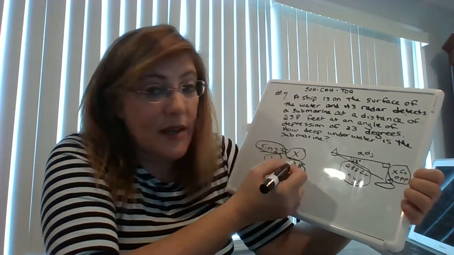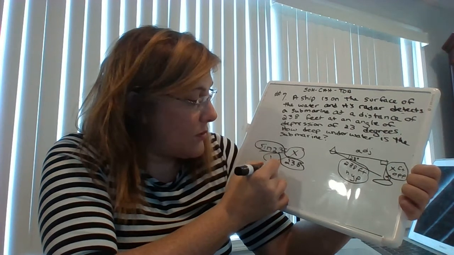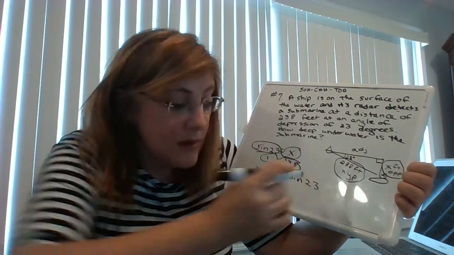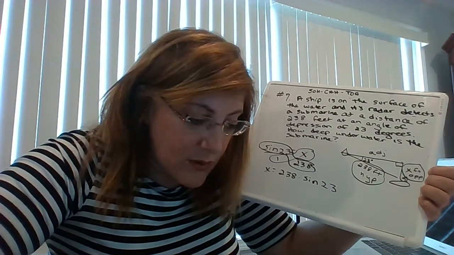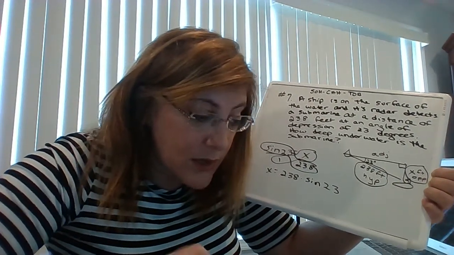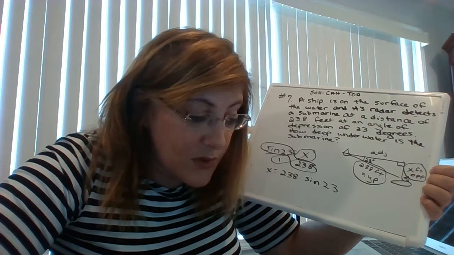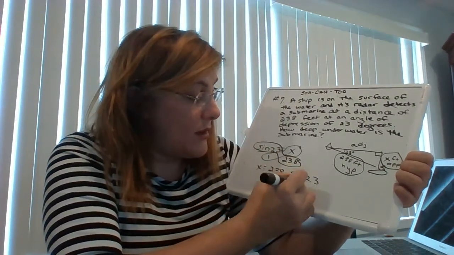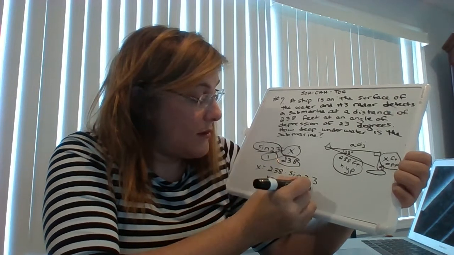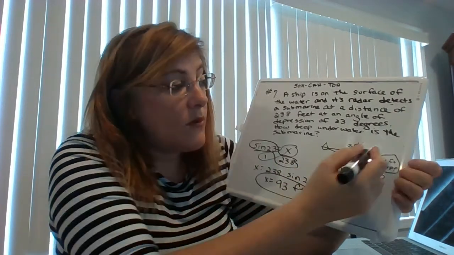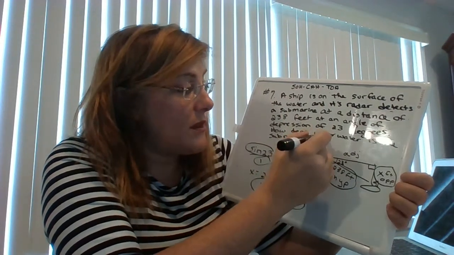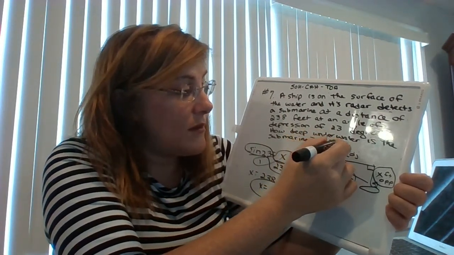We get 1 times x is x equals 238 times sine of 23, which should give us 92.99. I'm going to round that up to 93 feet. So this piece going down, it says how deep underwater is the sub? 93 feet.